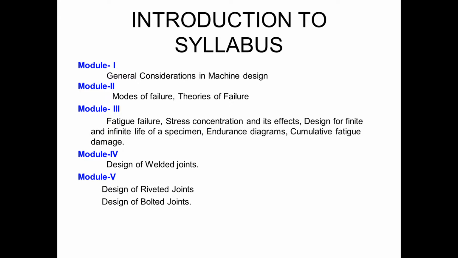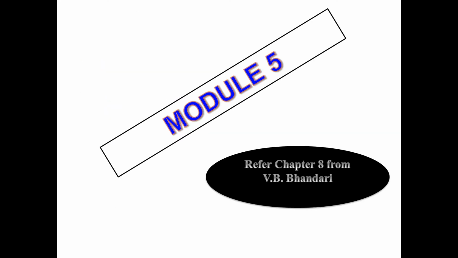Before starting the design procedure of rivet joint, today's class will be the basics of rivet joint. That is, what is a rivet joint, where it is used, why it is advantageous, and what are the terminologies you need to understand in order to understand the design procedure of rivet joint. If you are referring to the VB Bhandari book, then you can refer to chapter number 8.